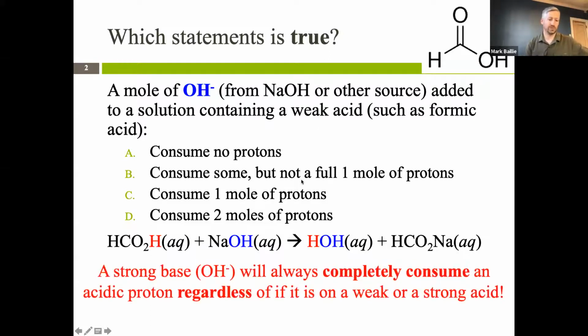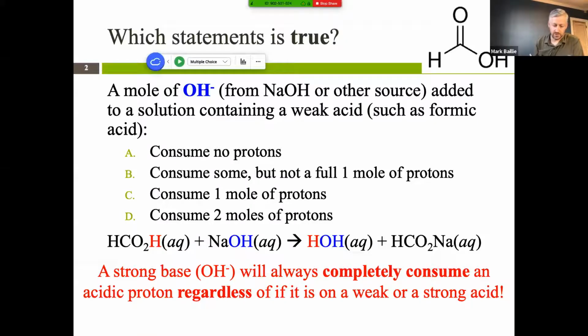So anytime you have a strong base reacting with any type of acid, it is a limiting reagent problem. As you can see here, it doesn't matter if this acid is weak or strong. If this is strong, it's going to go until there is no hydroxide left. That is always going to be completely used up. So then let's take a look at the next question.